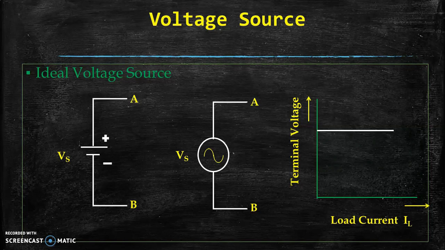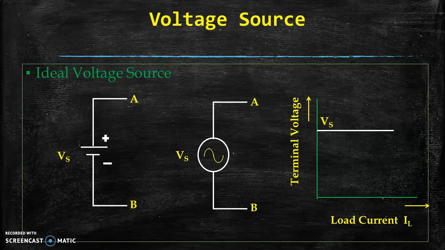Meaning is, if load current increases to any value, terminal voltage remains constant, that is the source voltage Vs, for any value of load current. In the ideal voltage source, there is no internal resistance, or internal resistance is zero, and that is the reason why voltage remains constant throughout any load current condition. There is no voltage drop at the source.